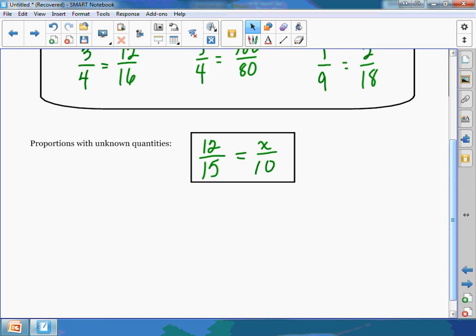But the answer to me is not even close to being as important as the method in which you're finding it. So I want you to be able to articulate how you found this number when you finally get it. So go ahead and try that. Just give me a little time.